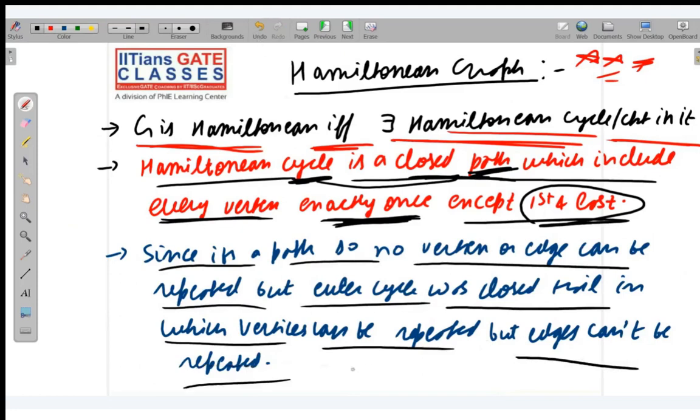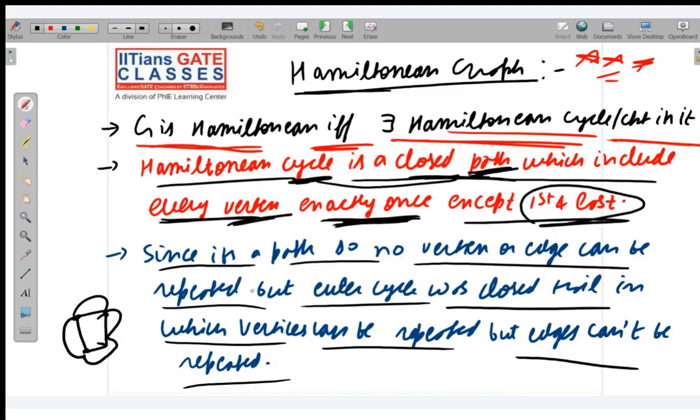This is a very important point. In Euler, vertices were repeated, A, B, C, D. Vertices can be repeated but edges can never be repeated. In Euler, the main concentration was on edges; you have to cover all the edges. In Hamiltonian, the main concentration is on vertices. They are saying every vertex should be covered exactly once.